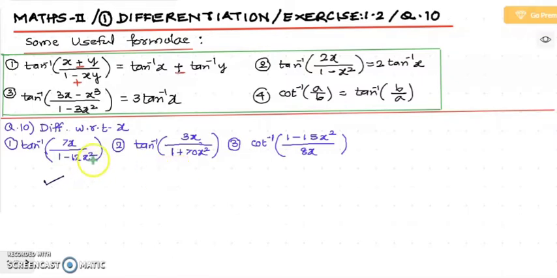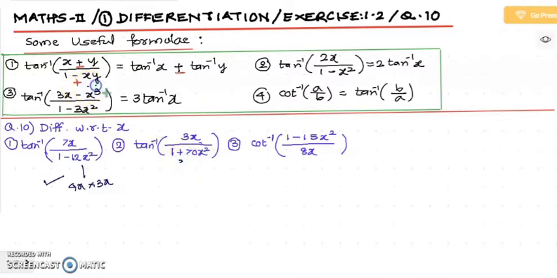Like we split the 12x square into 4x and 3x, with 4x plus 3x, because there was a minus sign so I needed addition. If there is a negative sign in the denominator, I need addition of the two terms. Here, 1 plus 70x square, the plus sign tells us that the second formula is going to be applicable.